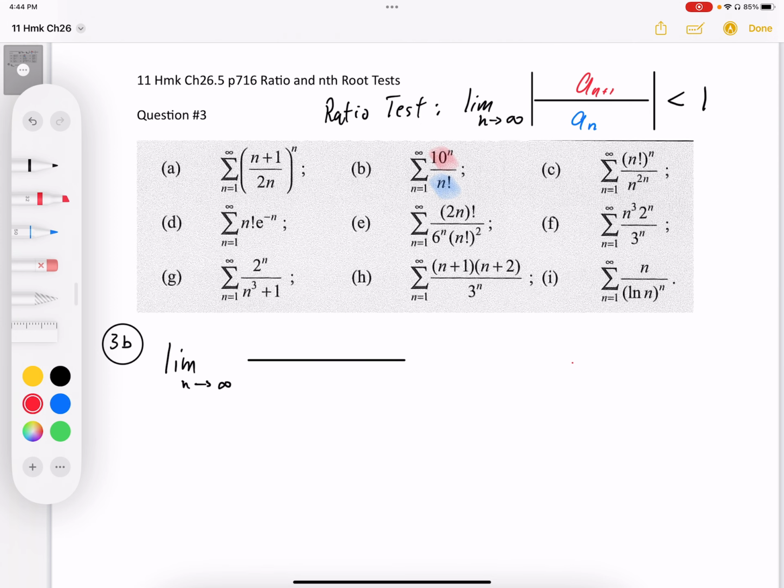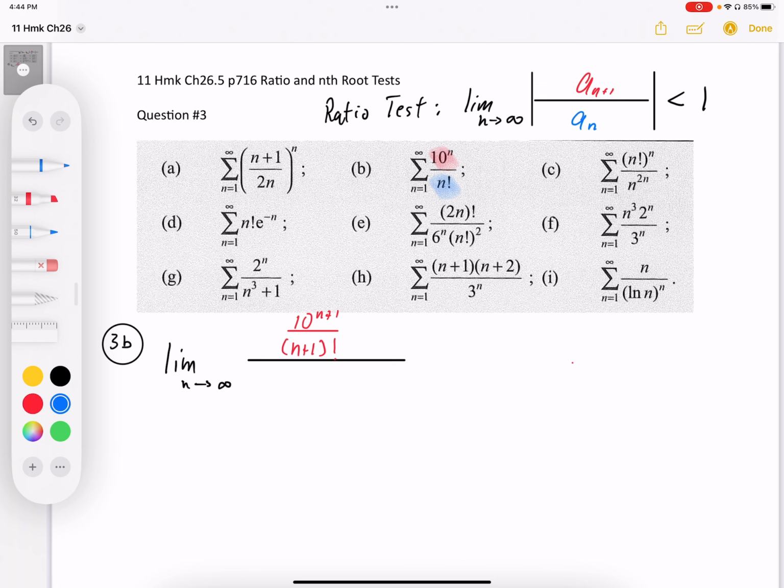So in the numerator, I'm going to set this up as 10 to the power of n plus 1 over n plus 1 factorial. So this is the same as n factorial, but with one extra term. Since we have a ratio here, we want to keep track of the factors.